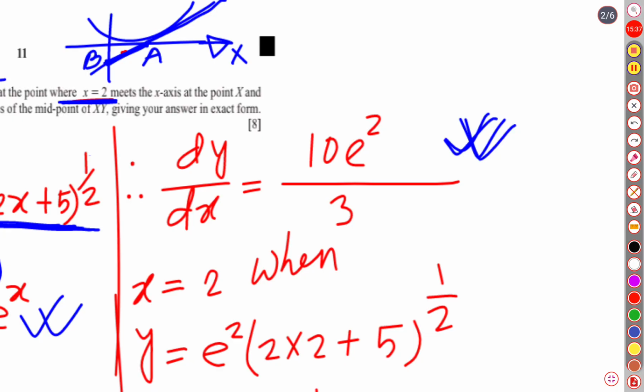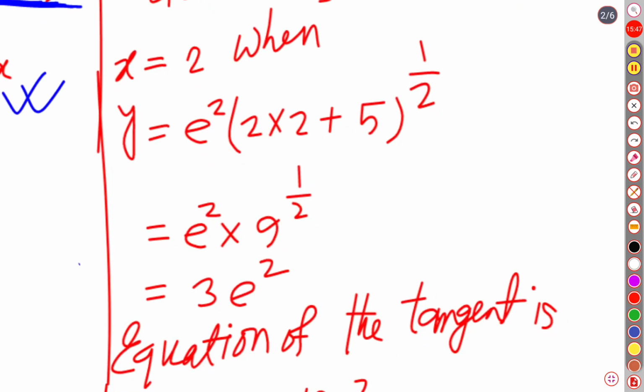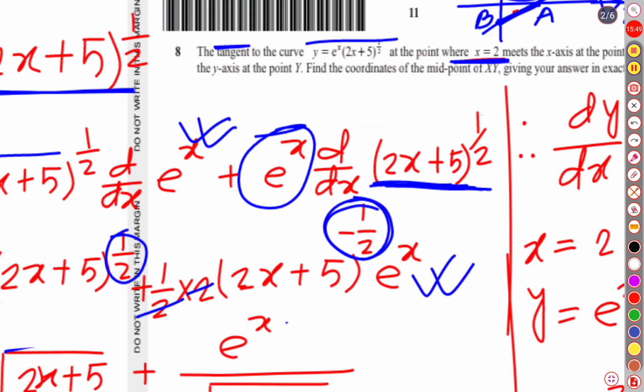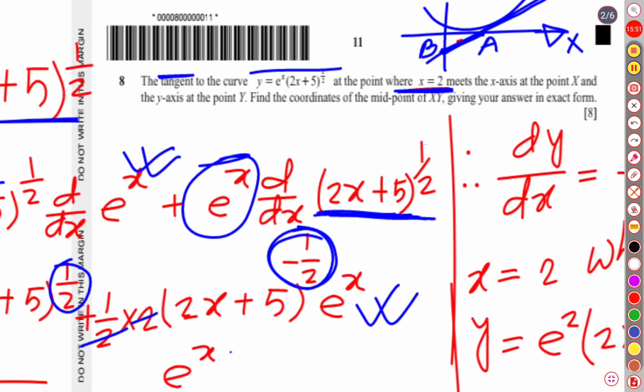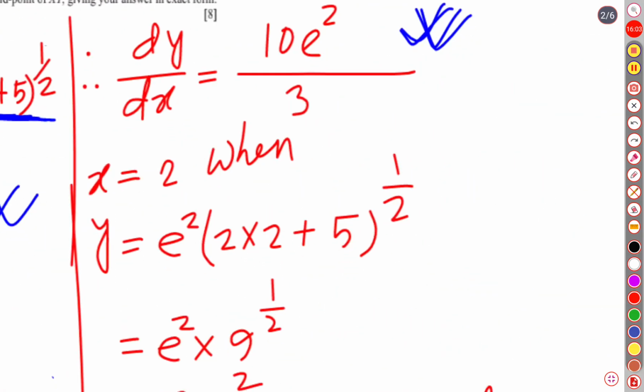Now if x is equal to 2, we should know the coordinate of y also. So we have written here x equal to 2, when y is equal to our function, y is equal to e raised to x into 2x plus 5 raised to half. So we are going to find the corresponding value of y.